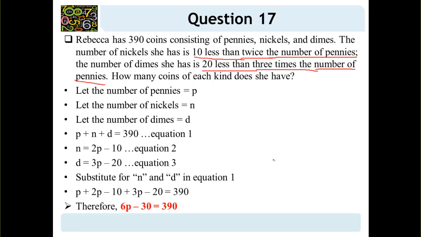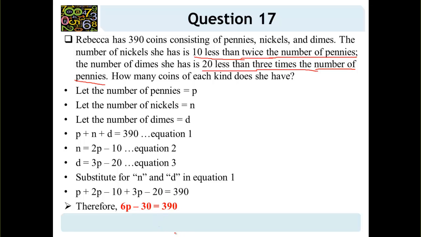So we now substitute for N and D in equation 1. This means that wherever we see N, we put 2P minus 10, and wherever we see D, we put 3P minus 20 from equation 1. When we do that, we find that 6P minus 30 is 390.